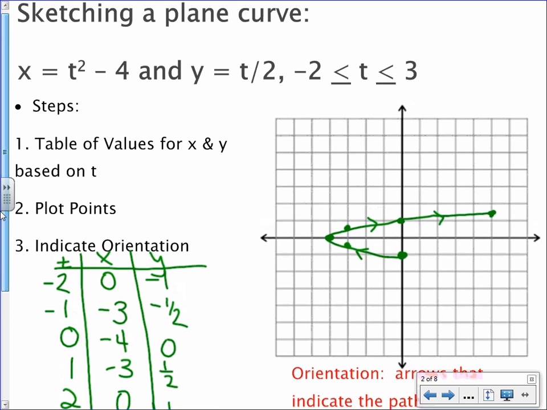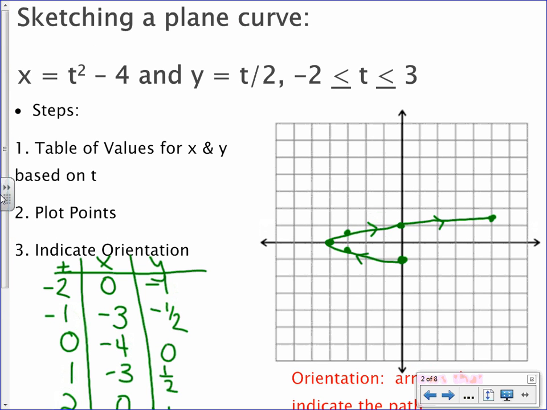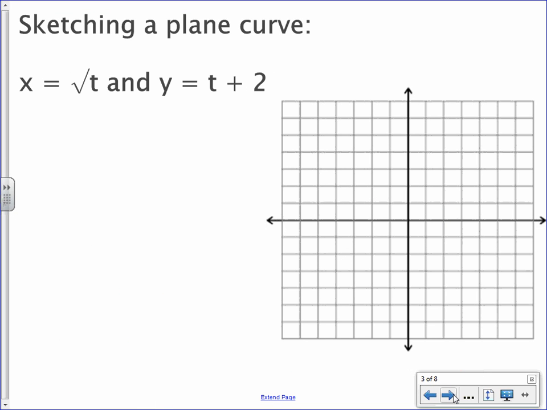Okay, now in this example, we said t had to be between -2 and 3. Not always will they give us that piece of information, so let's look at this example. We have x equals the square root of t, and y equals t plus 2.